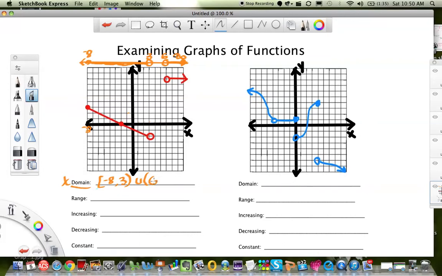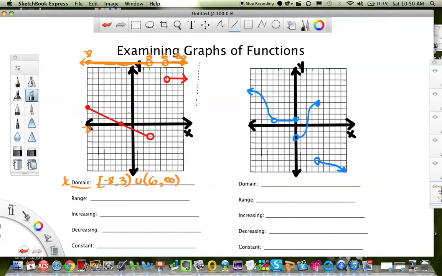And again, the 6 is going to have the open bracket, and infinity always has open. So that would be my domain, excuse me, I think I said range.